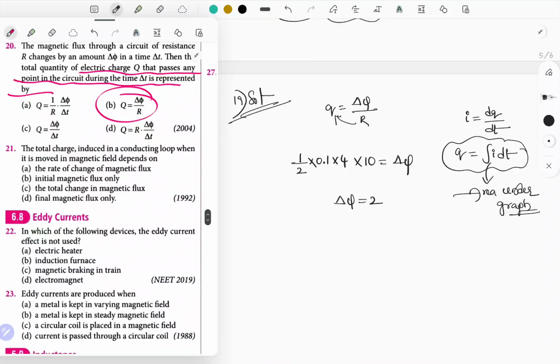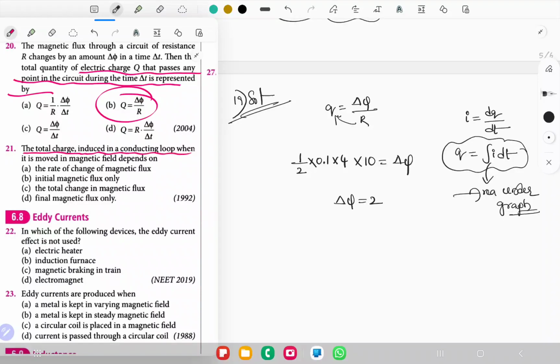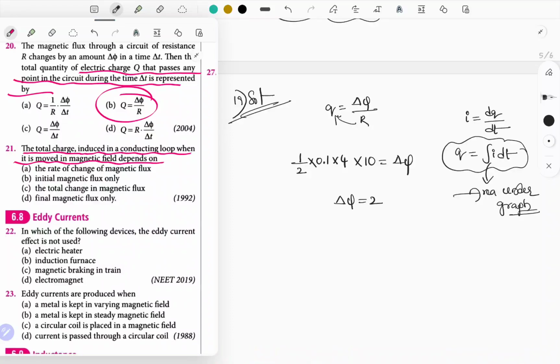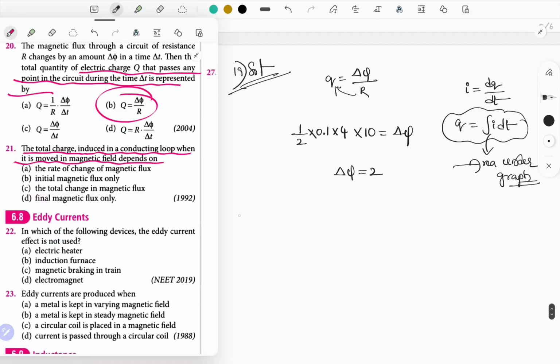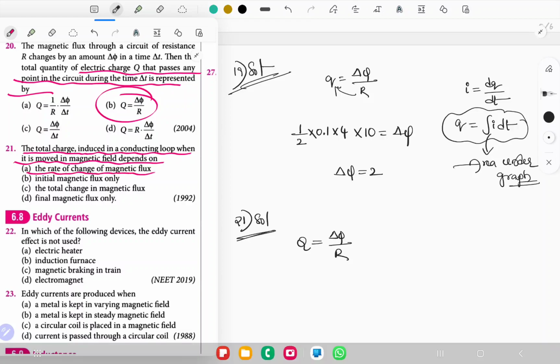Okay, next. The total charge induced in a conducting loop when it is moved in a magnetic field depends on what? Total charge formula, question 21. Total charge formula, Q is equal to delta phi by R, right? Does total charge depend on the rate of change of flux, or initial magnetic flux only, or total change in flux?